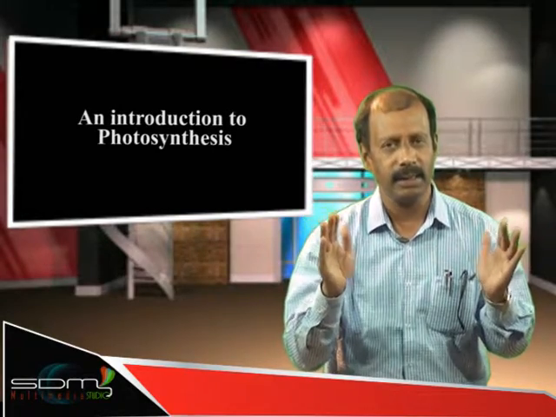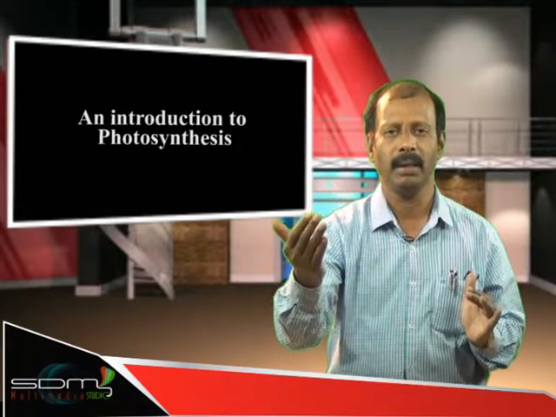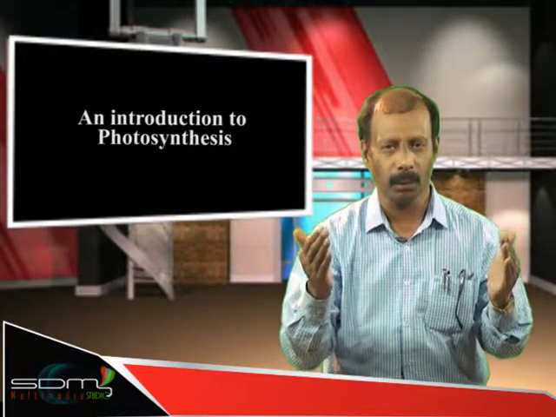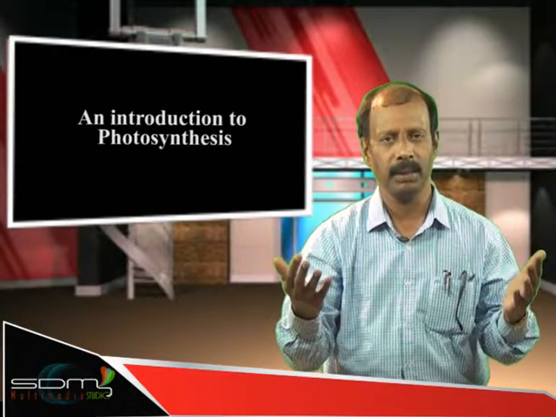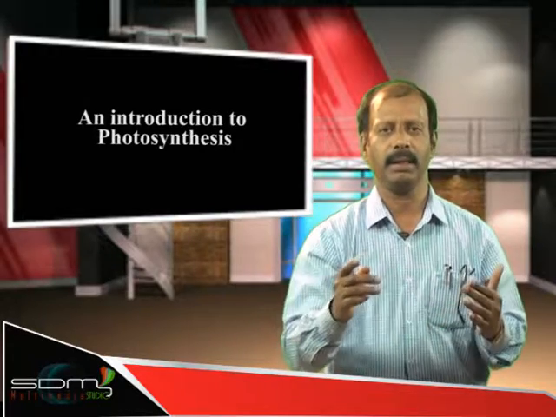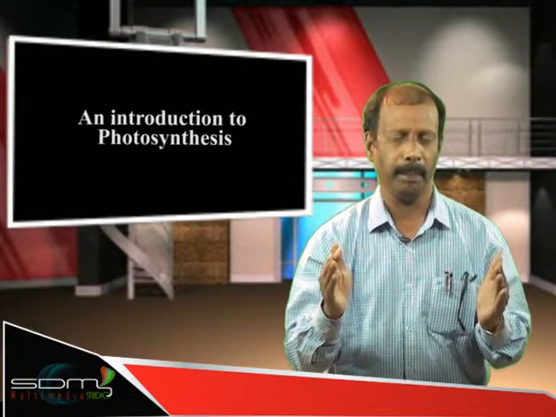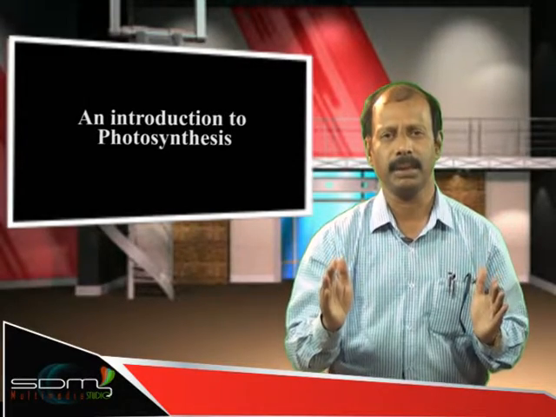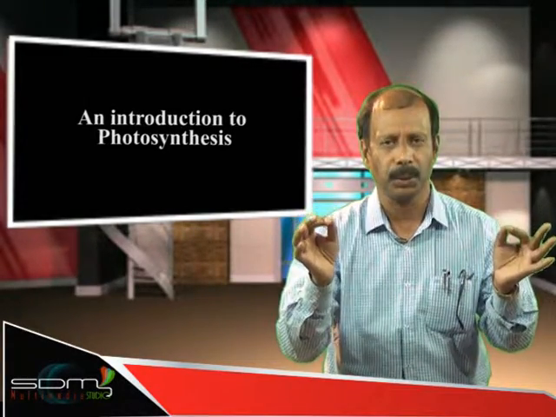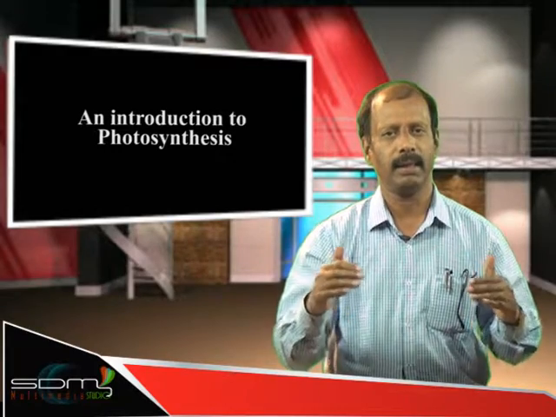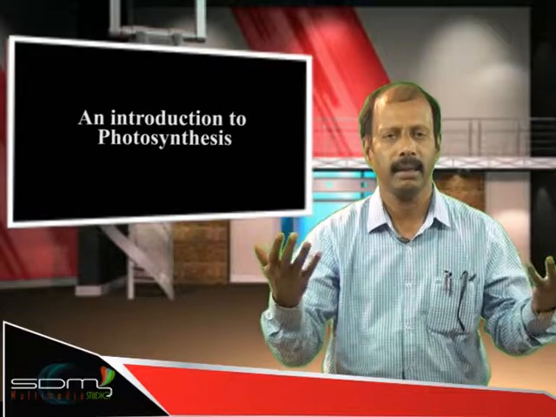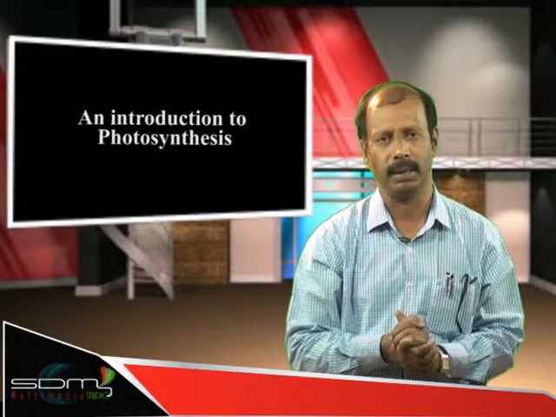Carbon dioxide is reduced to the level of carbohydrate, that is to the form of glucose or sucrose, and there is also regeneration of RuBP. The dark reactions of photosynthesis take place in the stroma region, and it is a light independent reaction. Light is not necessary for dark reactions.